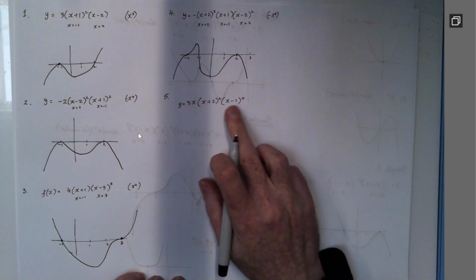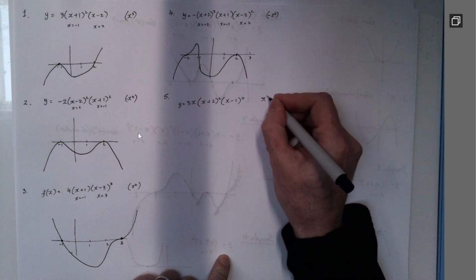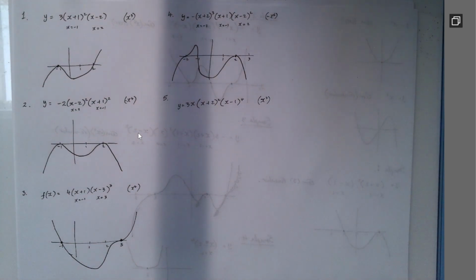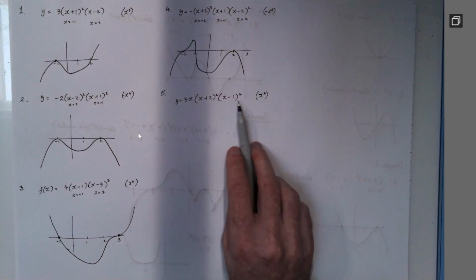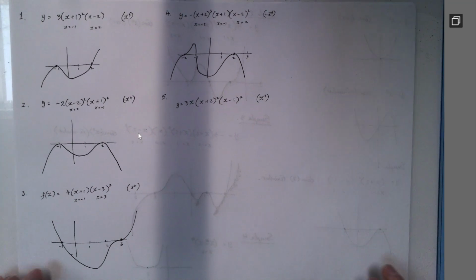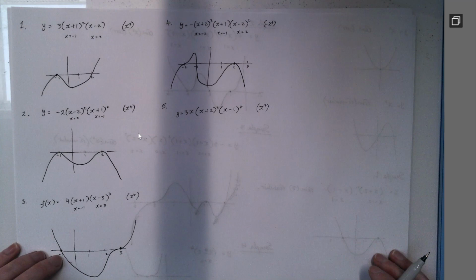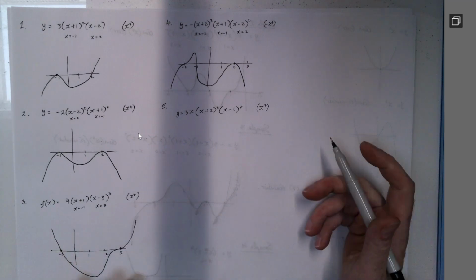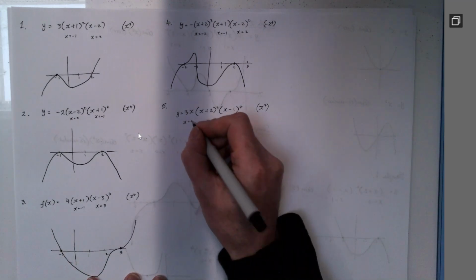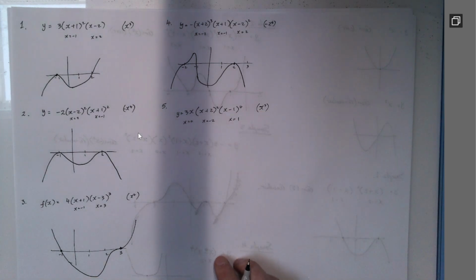So it's 7x to the power 7. So 7, one arm down, one arm up. You add all the x's. So x to the power 7: one arm down, one arm up. The roots are x equals 0, x equals minus 2, x equals 1. So you have 3 roots.